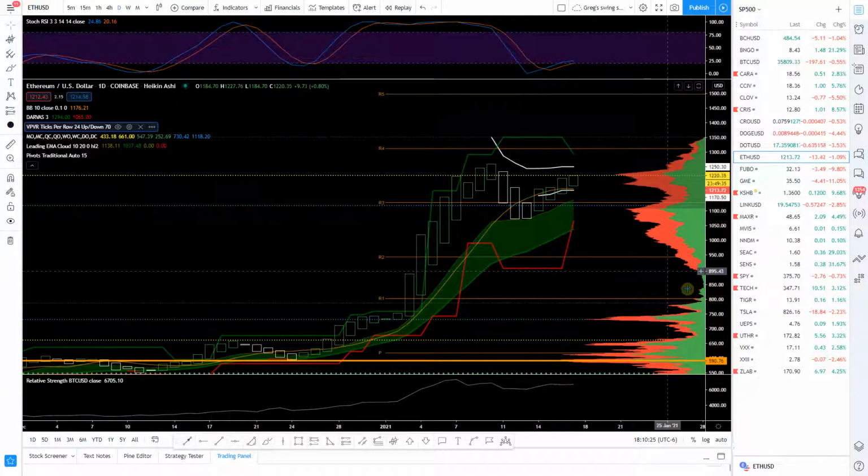I'm looking at this saying, okay, where does Ethereum want to establish its next point of control? Is it going to try to come back down here and test this? See a big gap here in volume traded. I wouldn't be surprised to see ETH come back down here sometime if it wants to fill in this little area here. But if it doesn't, if it sets up a new point of control up here, then I know we go higher.